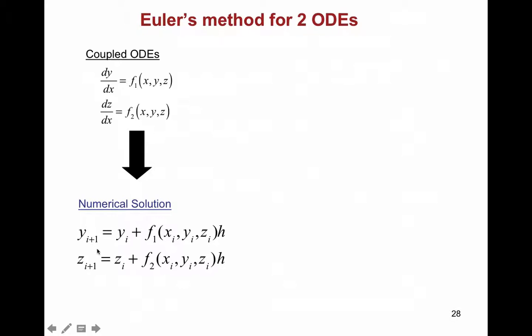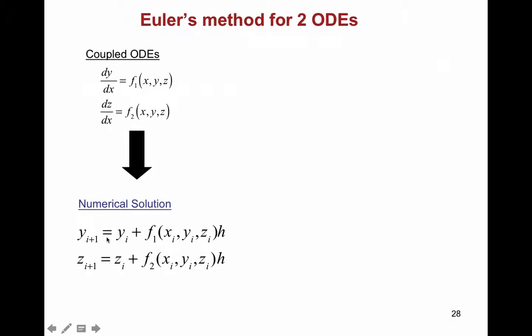Let's say dy/dx is some function of x, y, and z. z is this other function. And dz/dx is some other function of x, y, and z as well. So those are coupled because y is affecting how z changes, and z is affecting how y changes. That's how they're coupled, right? Just like these populations of lions and gazelles.